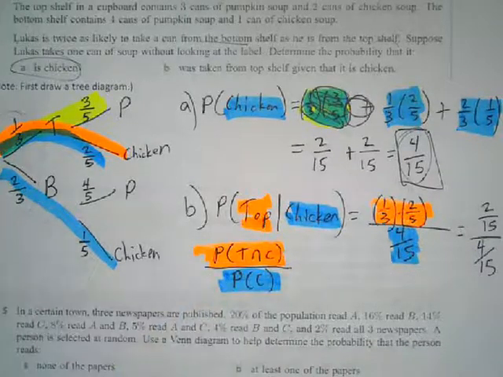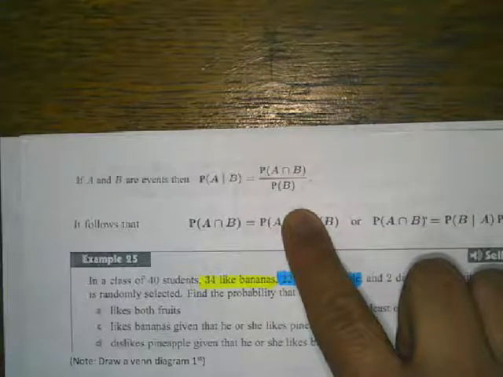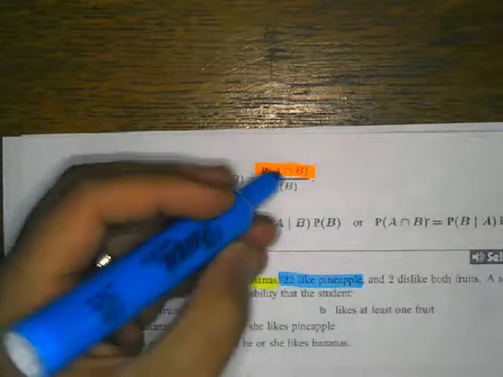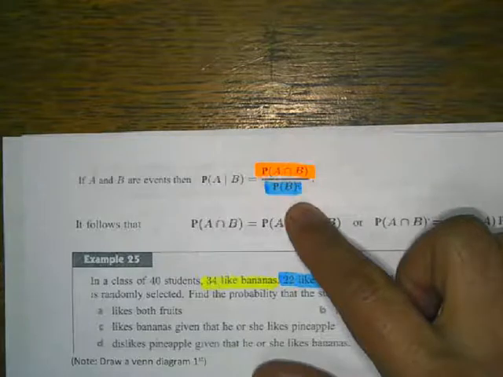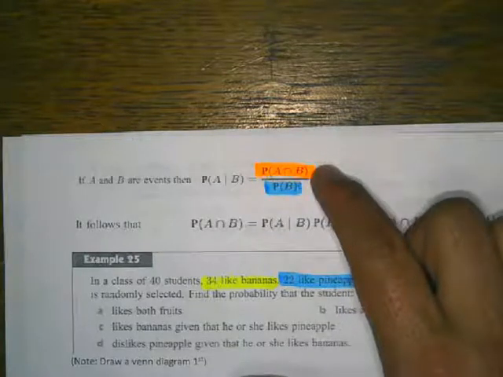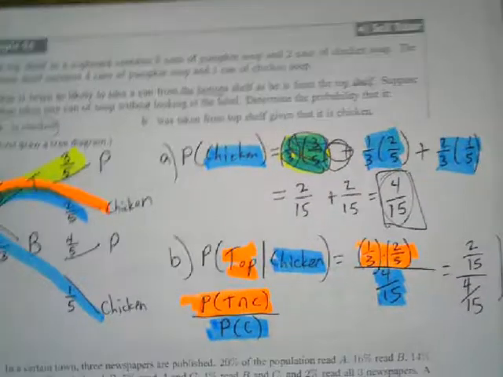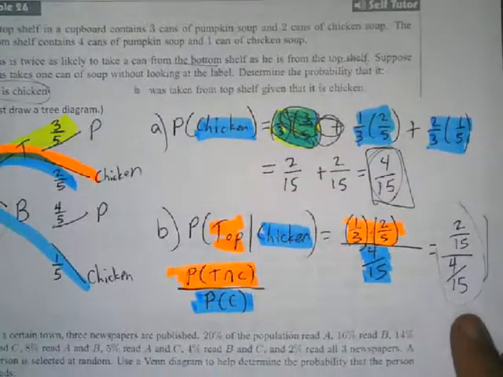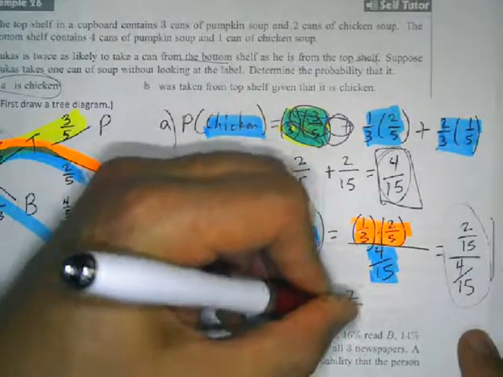And this formula here is on the top of the previous page: the intersection of A and B divided by the probability of B. So in this case, B is chicken, and in the numerator, it's the probability of top shelf intersection with chicken. All right, so now let's simplify this fraction. 2/15 divided by 4/15. Since the denominators are the same, we can simplify that to 2/4, which simplifies to 1/2.